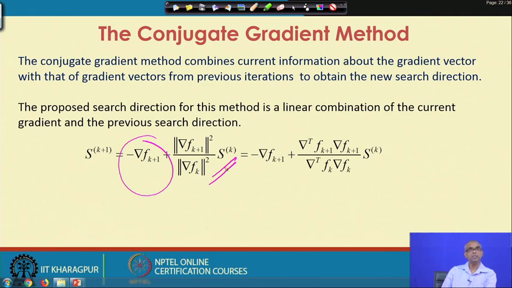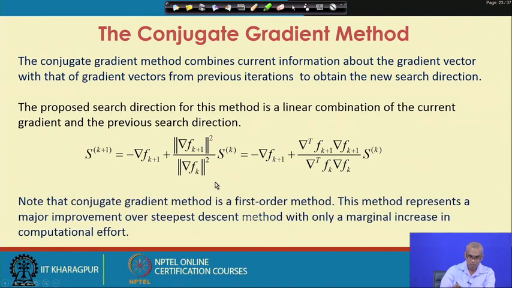So, the search direction S at the k plus 1th iteration is minus gradient f at k plus 1, plus norm square of gradient at k plus 1 divided by norm square of gradient f at the kth iteration, into the search direction at the kth iteration.